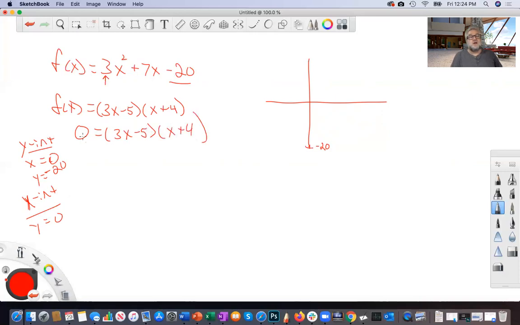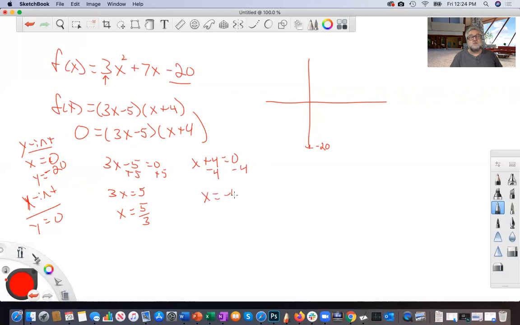The only way this can be 0 is if 3x minus 5 equals 0 or x plus 4 equals 0. So let's see, I'll add 5 to both sides. So this will be 3x equals 5, so x equals 5/3. And over here, I'll subtract 4 from both sides.